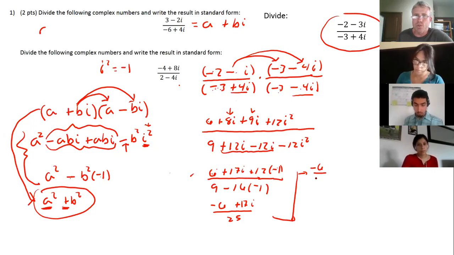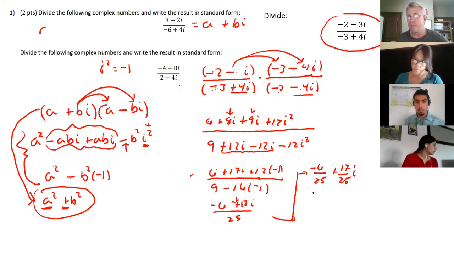I get a negative 6 over 25 plus the 17 over 25 times the i. So now I'm in that standard a plus bi form, which is what you're shooting for.